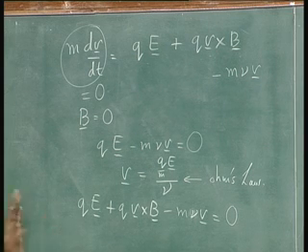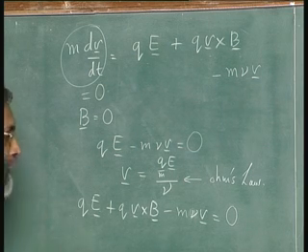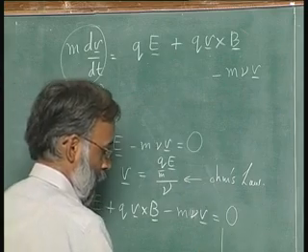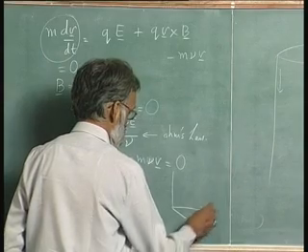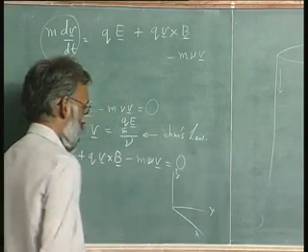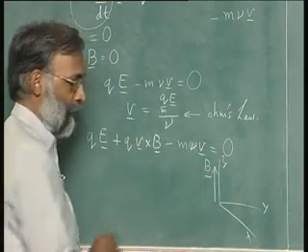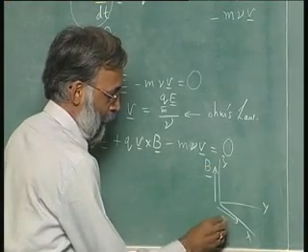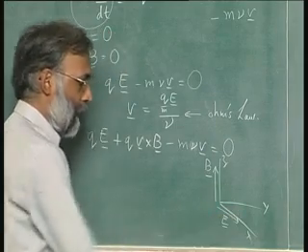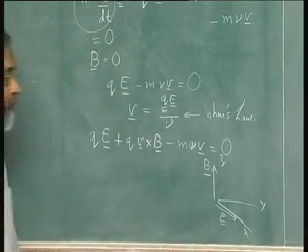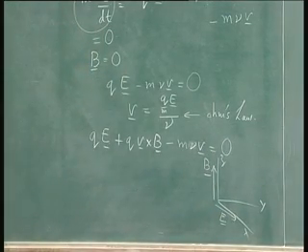Now, I am going to simplify this problem by assuming certain directions. This is the x, y, z direction. I will assume the magnetic field is along z. I will assume the electric field is along x, and I want to solve for the velocity.